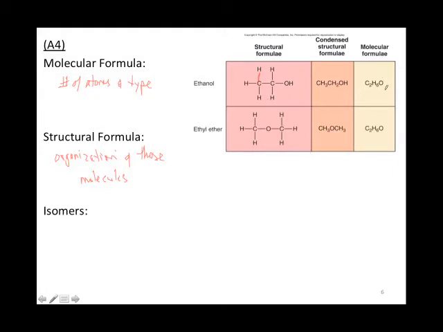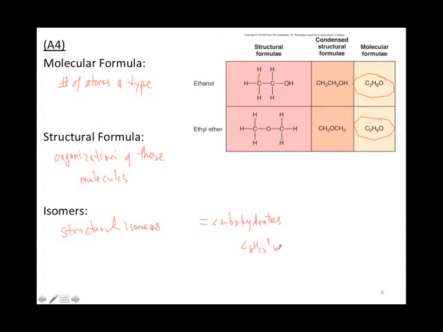Now, we have the same molecular formula, C2H6O. Even though they have the same molecular formula, their structural formula is different. These would be called structural isomers, meaning that they have the same molecular formula, but they are structurally different. We see that a lot with other organic molecules such as carbohydrates, which are sugars.